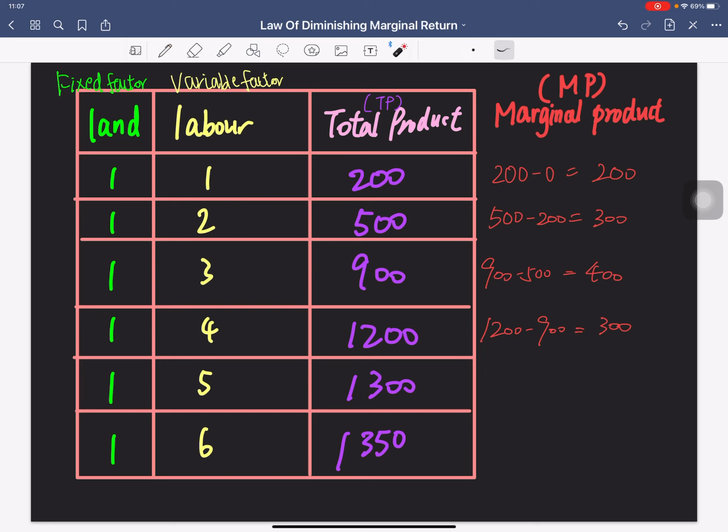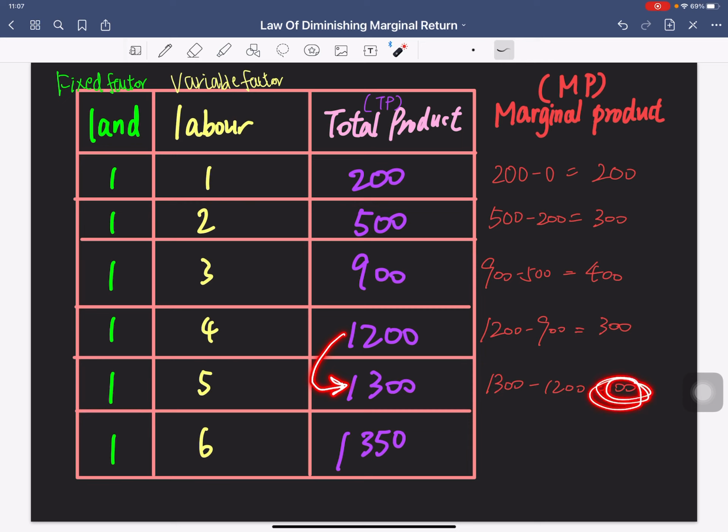When the variable factor increases from 4 to 5, this 1 additional unit of labor is going to help us gain 100 units of marginal product, because when this 1 additional unit of labor is employed, we increase the total product from 1,200 to 1,300.